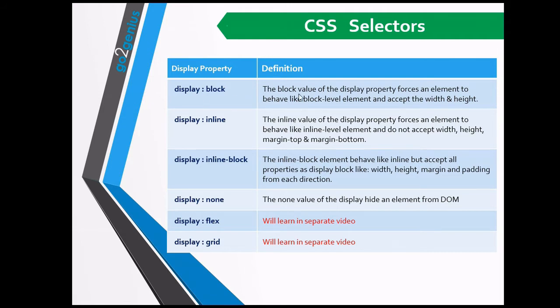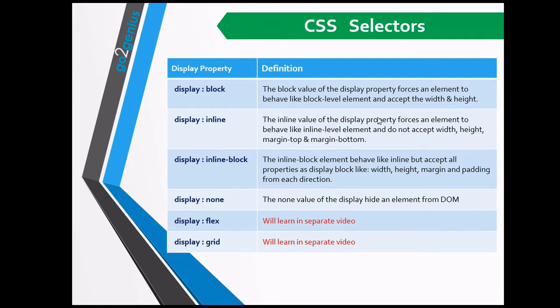The block value of the display property forces an element to behave like a block level element and accept the width and height and all other properties like margin and padding. And the inline value forces an element to behave like an inline level element, and display inline does not accept width, height, margin top and margin bottom.